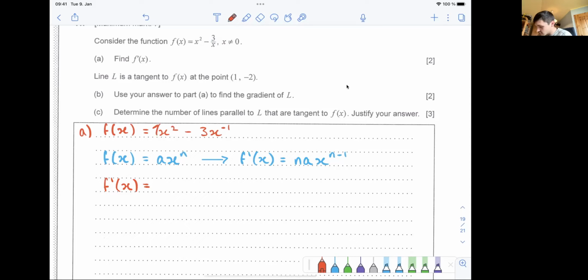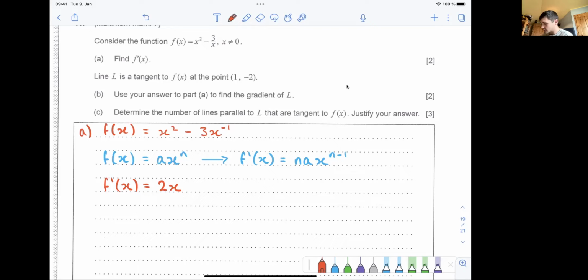You don't usually write a 1 there. So we get 2x, and then I have to subtract 1 off the power. Again, we don't write x to the power of 1, we just write x. So when we differentiate x squared, that becomes 2x.